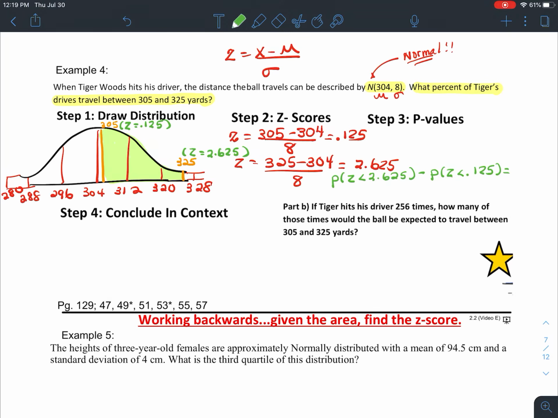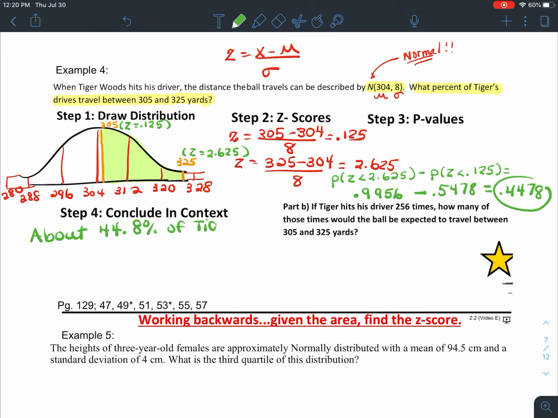We get 0.9956. For the area to the left of 0.125, you'll have to round and look up 0.13. That is 0.5478. That gives us an answer of 0.4478.